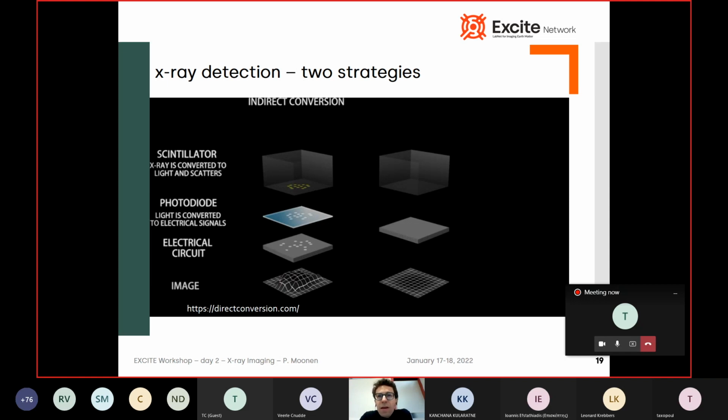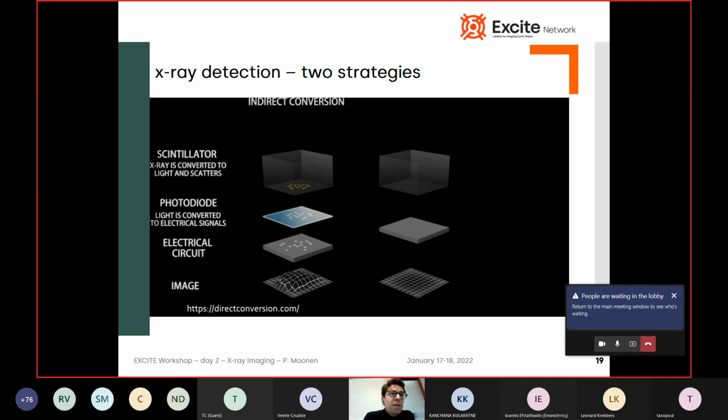The scintillator absorbs the energy of the incident photons and re-emits that energy in the form of visible light photons. Those visible light photons are then detected with a classical camera. It can be a CMOS camera or a CCD camera, it doesn't matter, but it's used to form an image in the visible light spectrum.